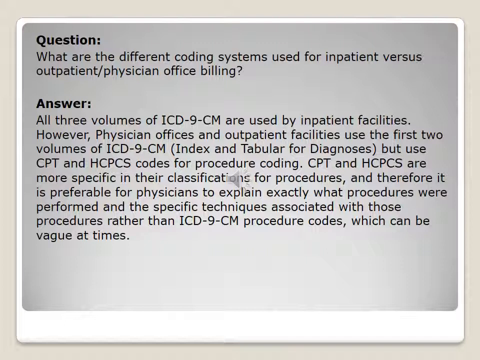Now, CPT and HCPCS are more specific in their classifications for procedures, and therefore it's preferable for physicians to explain exactly what procedures were performed and the specific techniques associated with those procedures, rather than the ICD-9-CM procedure codes, which can be vague at times.